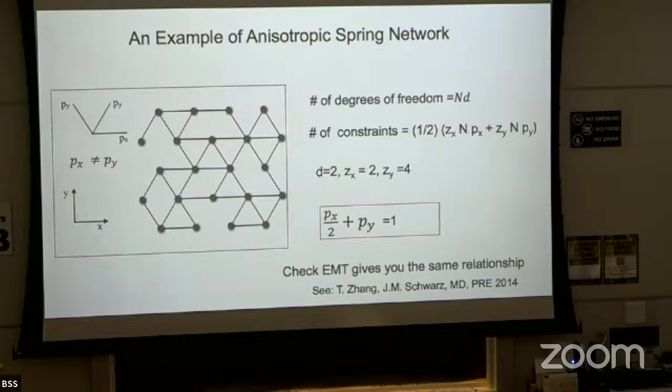Then you can think of a different situation where these probabilities are not different, but the spring constants are different. And then you can ask, that result you will not get from constraint counting, but you can do an effective medium theory, but with different spring constants in this direction versus the other two directions, and then see what the dynamical matrix would look like, what your effective medium spring constants would look like.